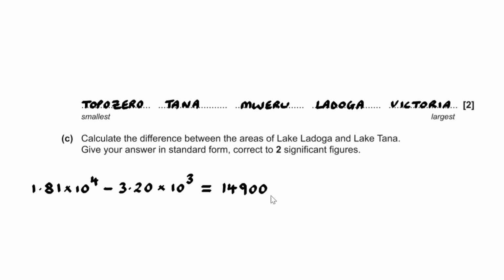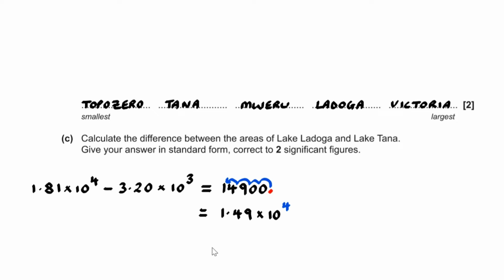Well, if we were to write this in standard form, if we imagine our decimal point here, we move the decimal point 1, 2, 3, 4 to the left, leaving us with 1.49 times 10 to the 4.